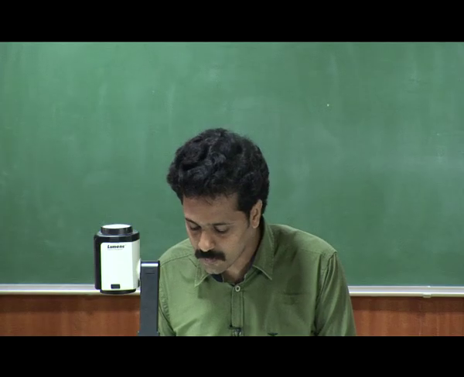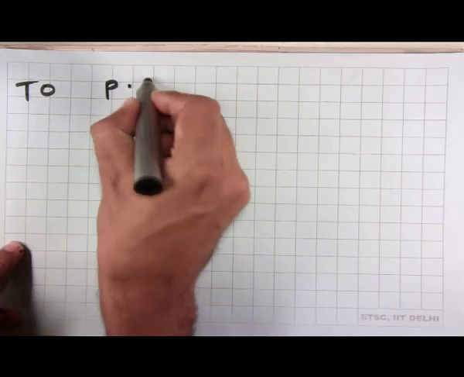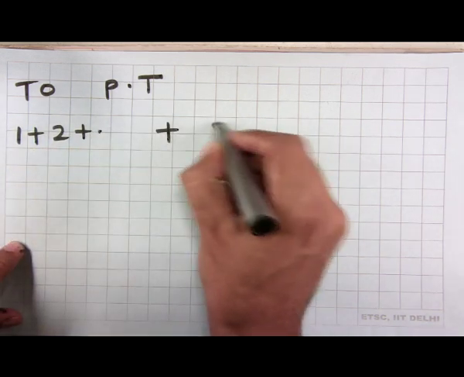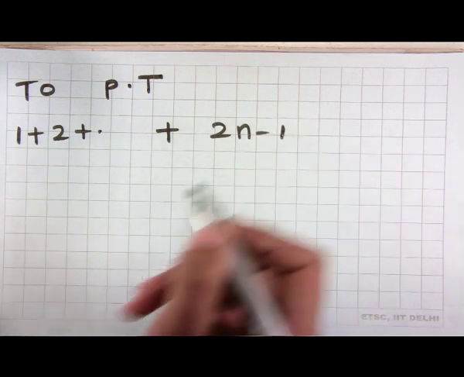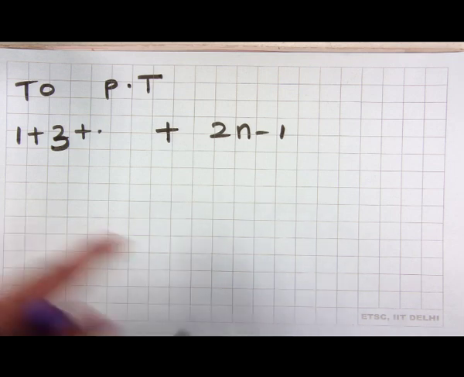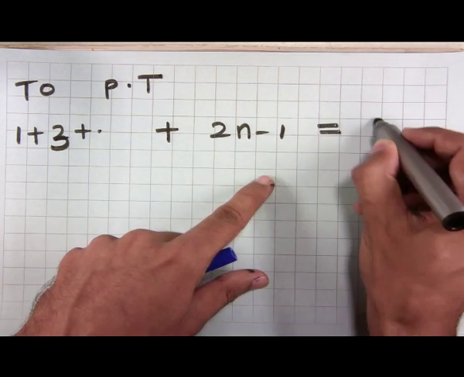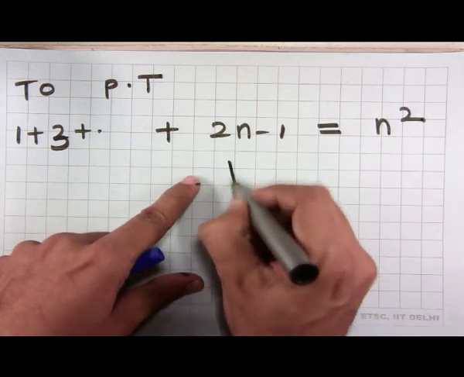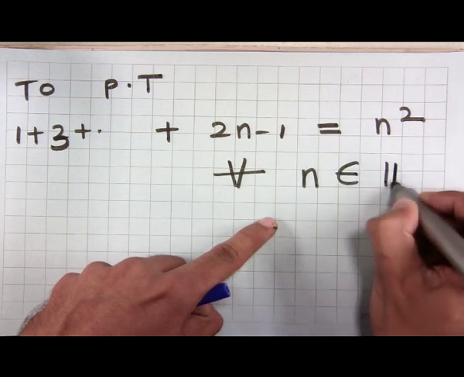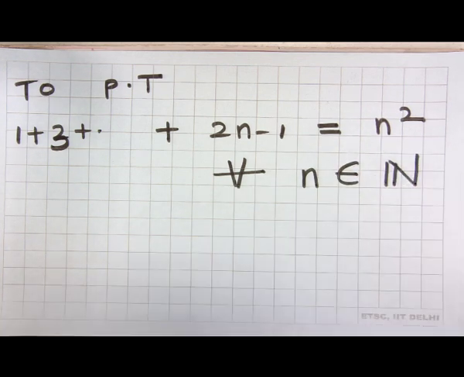I want to prove that 1 plus 3 plus etcetera plus 2n minus 1 equals n square, and we want to prove that it is valid for every n from the set of natural numbers.